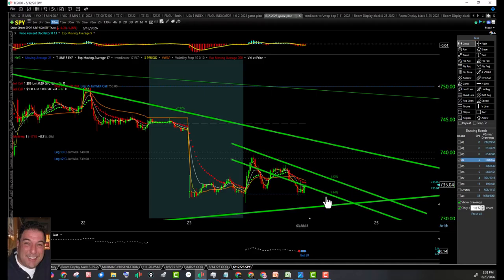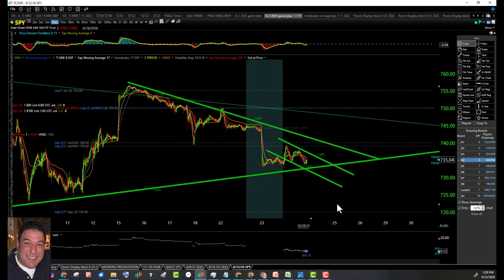Can create a parallel line. You can see looking for price probably to run into this uptrend line right here, maybe spike it kind of hard, and then probably turn around and rip up here and test this resistance. This is diagonal resistance. This is diagonal support. So that's what I'm looking for to happen overnight.